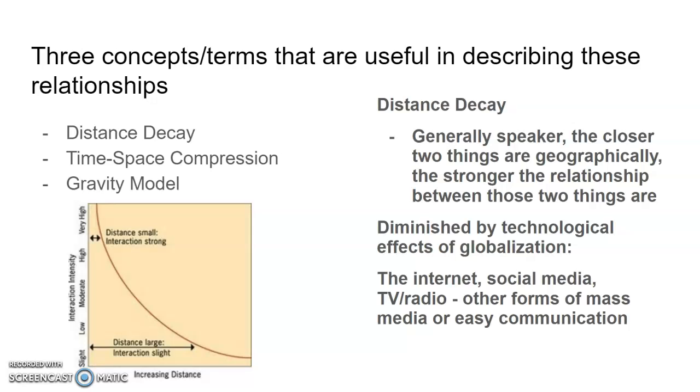Essentially this is a really easy term, I think, to wrap your head around. Basically it says that the closer that two things are geographically speaking, the stronger the relationship between those two things is. You can look at this a couple different ways.